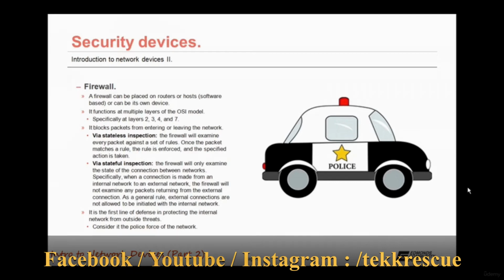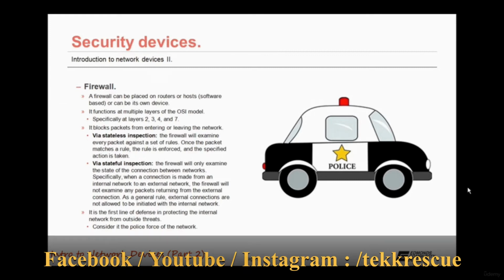Once the packet matches a rule, the rule is enforced and the specified action is taken. Or it may use stateful inspection. This is when a firewall will only examine the state of a connection between networks. Specifically, when a connection is made from an internal network to an external network, the firewall will not examine any packets returning from the external connection.